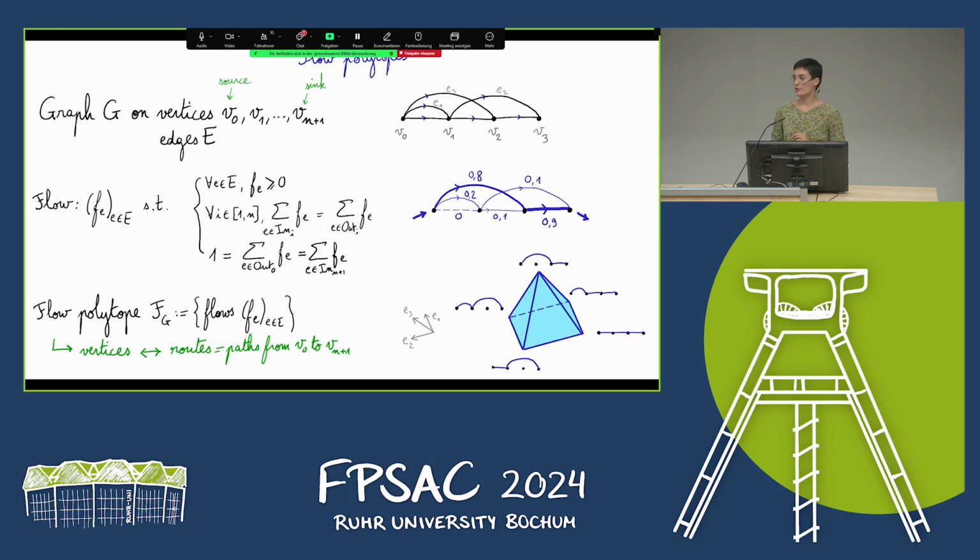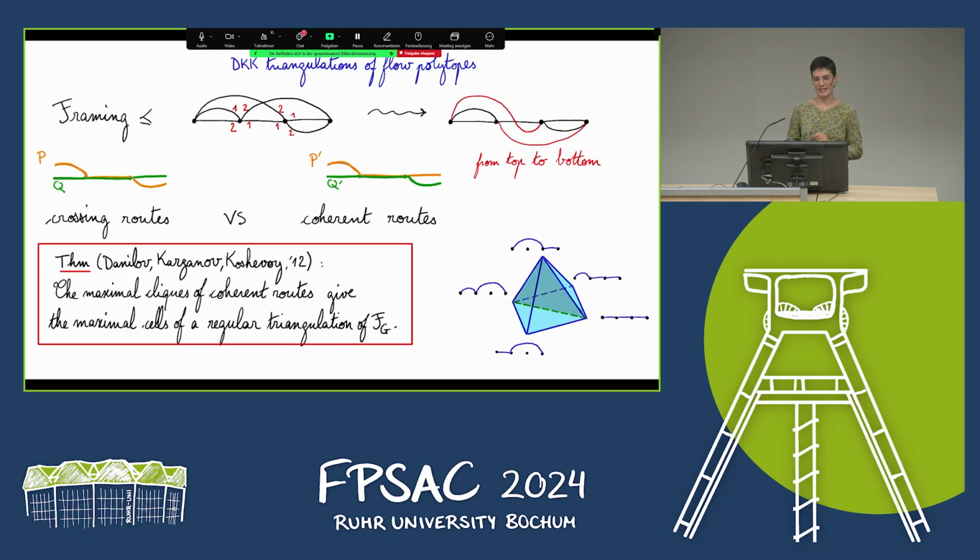Another nice feature of the flow polytopes is that they have nice triangulations. And certain families of nice triangulations of flow polytopes were provided by Danilov, Karzanov, and Koshevoy by means of framing.